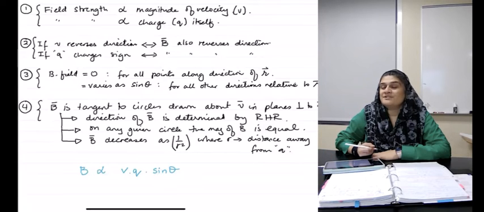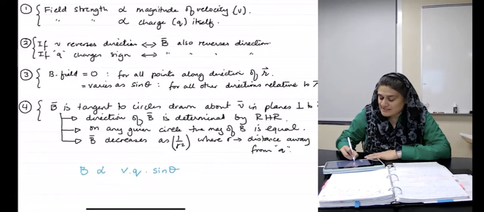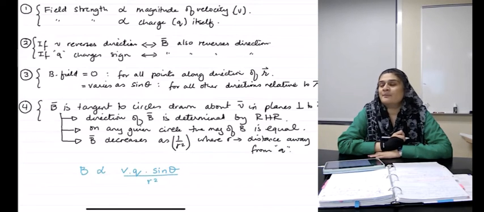And number 4 says B decreases as 1 over r squared. Is that how I would write this? Give me a thumbs up if that all makes sense.